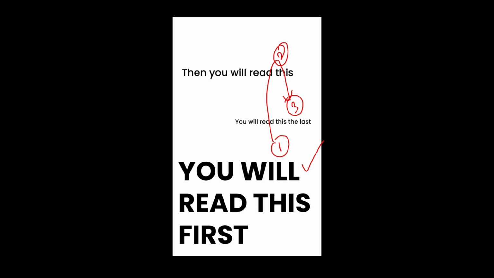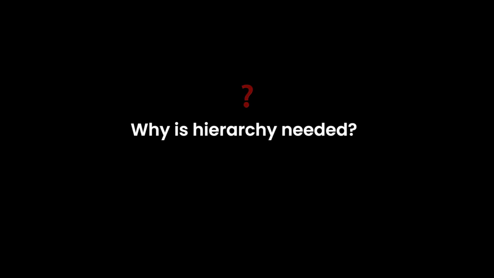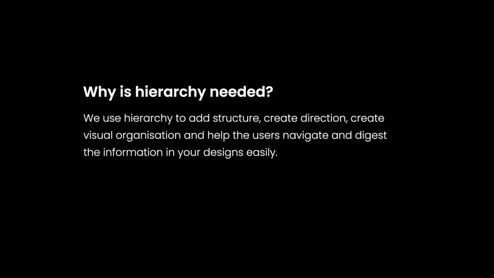It's a very simple example. Don't worry, we'll go through more complex examples, but it's a simple way to understand how hierarchy works. Now the question is, why do you need hierarchy? We use hierarchy to add structure, create direction, create visual organization, and help users navigate and digest the information in your designs easily.